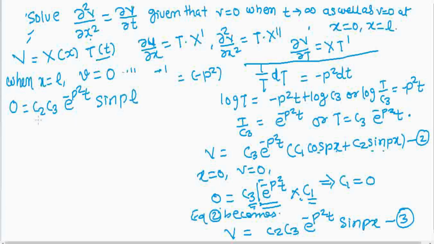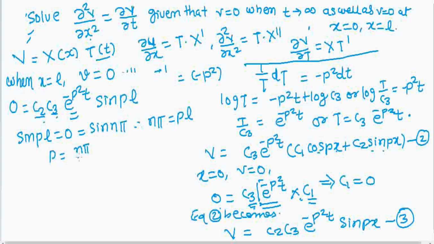Again we need to apply algebra. Here c2 and c3, these two constants cannot be equal to 0. Okay, this is a variable term, so this is not 0. Then what we have? Sine of pL equal to 0, but sine of n pi is equal to 0. So this gives me n pi equal to p into L, and from this we have p equal to n pi divided by L. So substitute this value into equation 3.